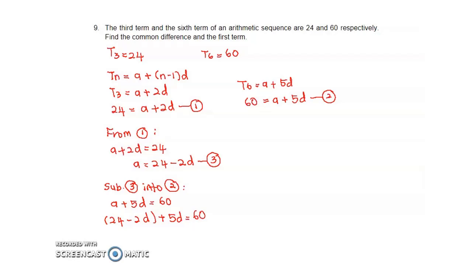So negative 2D plus 5D equal to 3D. The 24, positive, bring to the right hand side, becomes minus. So 3D equal to 60 minus 24. 60 minus 24 is 36. So D equal to 36 divided by 3. So the value D equal to 12.